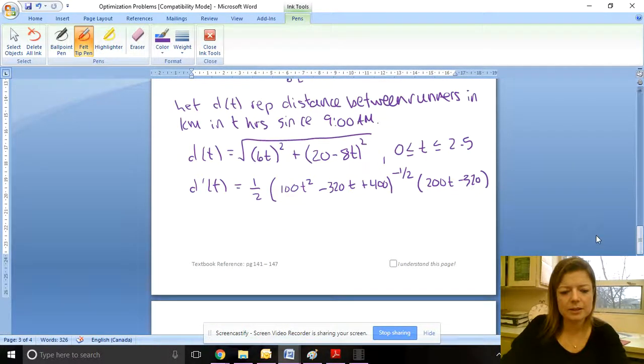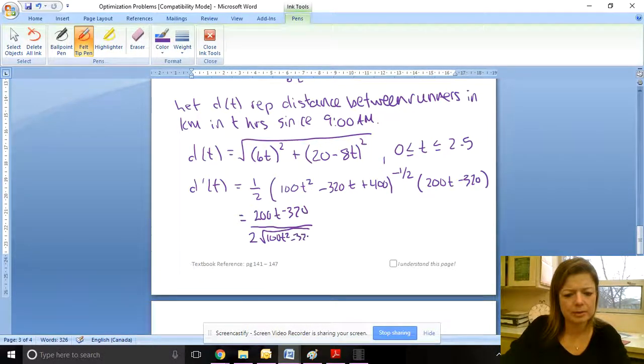This looks really brutal, but you'll see why it's not too bad in a second. So you get 200t minus 320 over 2 times the square root of 100t squared minus 320t plus 400. But don't despair, because now we're setting this equal to 0, and the whole denominator just goes away.